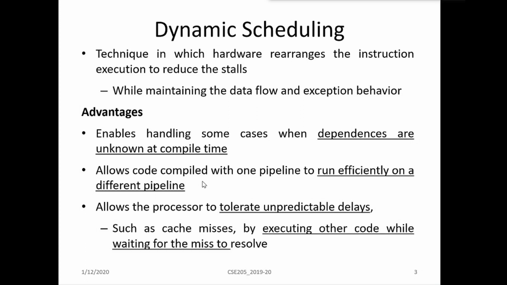So what is dynamic scheduling? In dynamic scheduling, the hardware rearranges the instruction execution, thereby reducing the stalls. It is similar to the compiler case: it tries to rearrange the instructions to reduce the stalls. When rearranging the instructions, as with the compiler, it should maintain the data flow and the exception behavior.